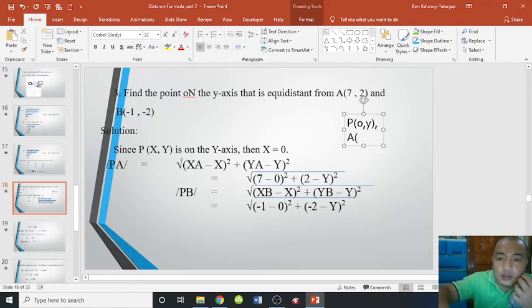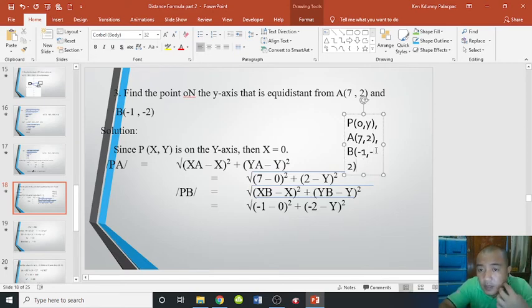Point A is (7, 2). How about point B? Point B is at (-1, -2).